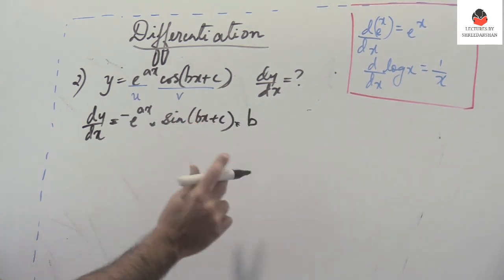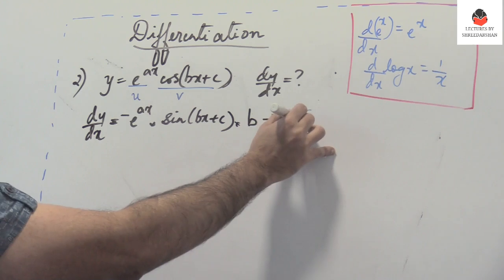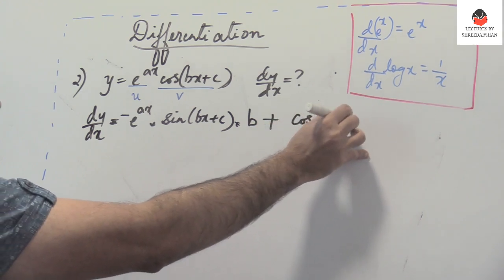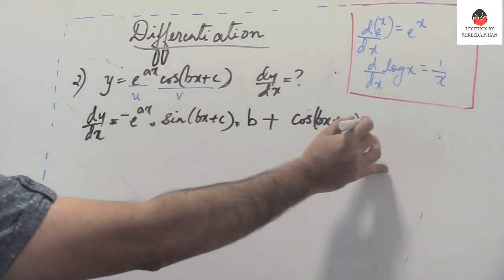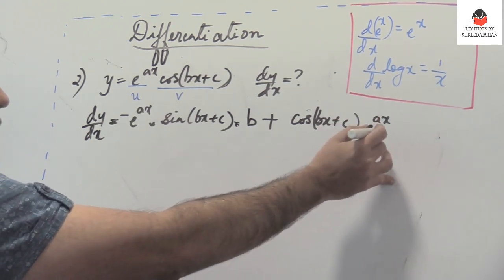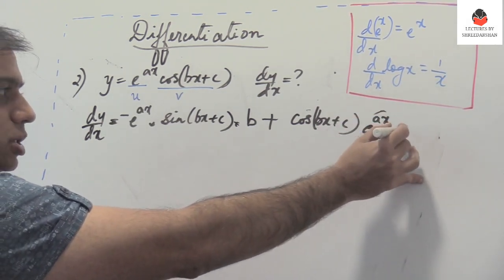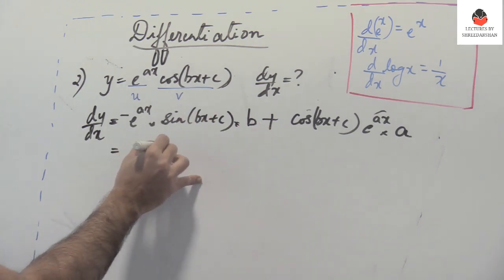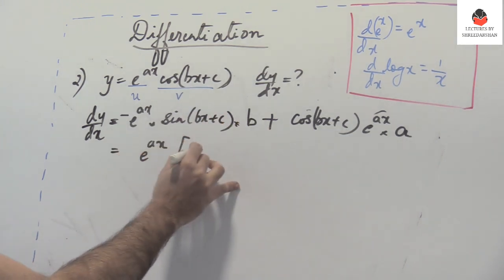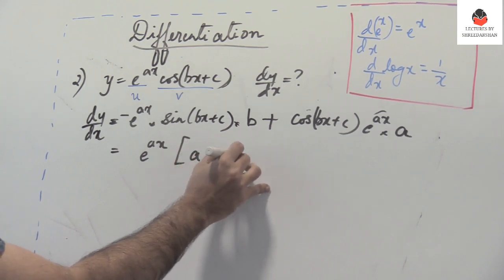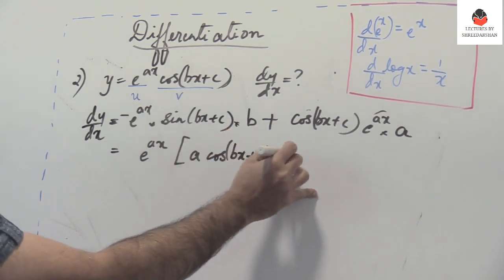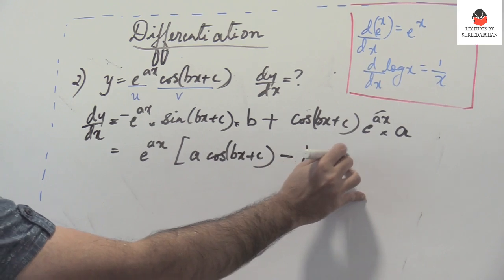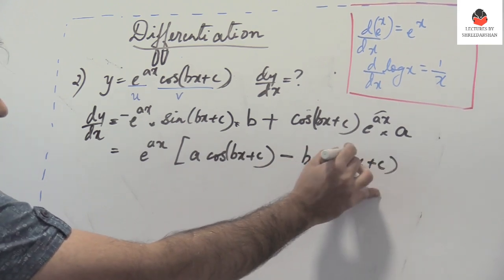Differential of c is 0. Plus second term into differential of first term e power ax into differential of ax, which is a. So what is common? E power ax is common. I'll write the positive term first. So I have a cos bx plus c minus b sine bx plus c.